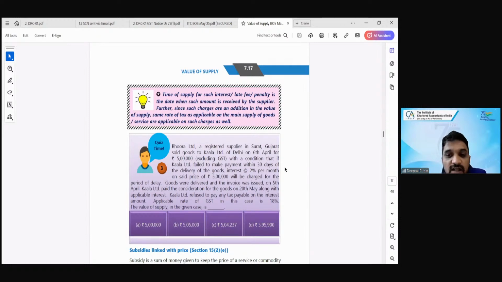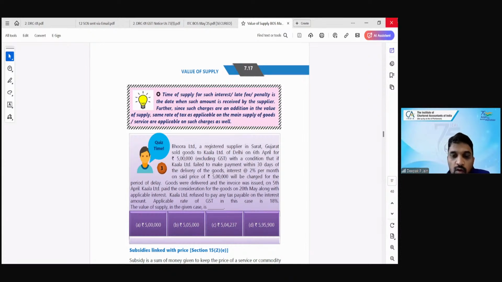The condition is that the payment should be made within 30 days. Now, goods were delivered and the invoice was issued on 5th April. Kala Limited paid the consideration for the goods on 20th May, along with applicable interest. Kala Limited refused to pay any tax payable on the interest amount. Applicable rate of GST in this case is 18%.